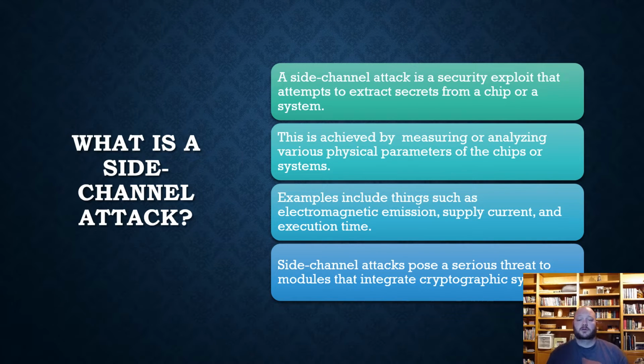Examples include such things as electromagnetic emission, what chips can give off or a computer screen gives off, supply currents, or execution time of code. Side channel attacks pose a serious threat to modules that integrate cryptographic systems. That's a main exploit that they go after.